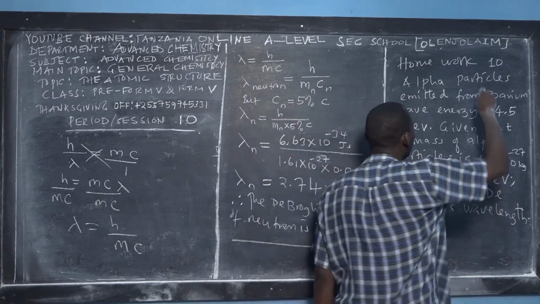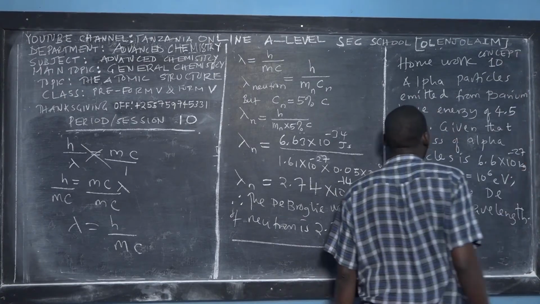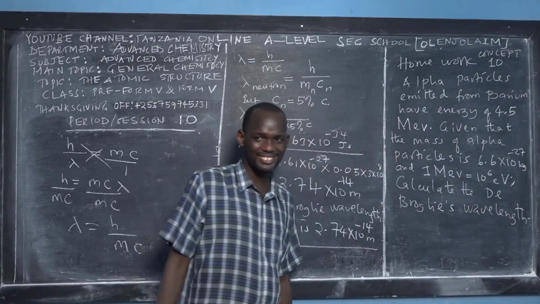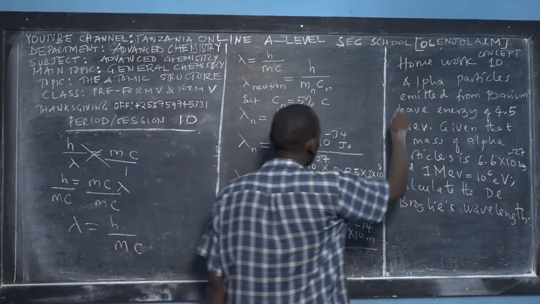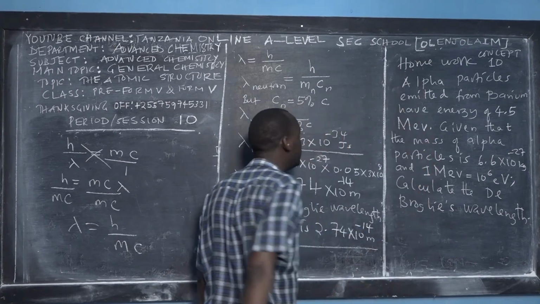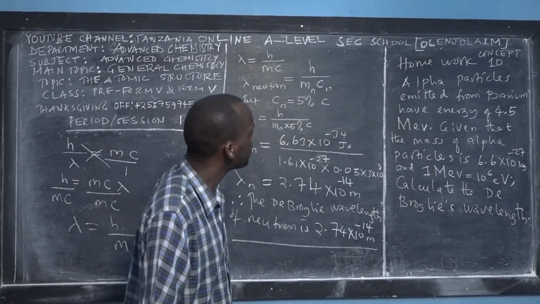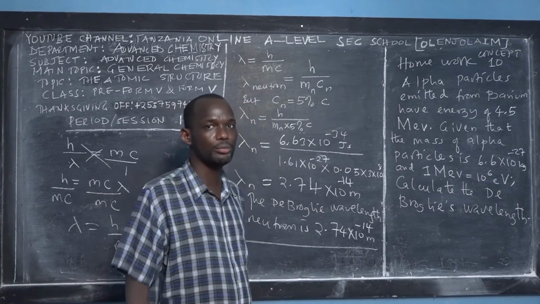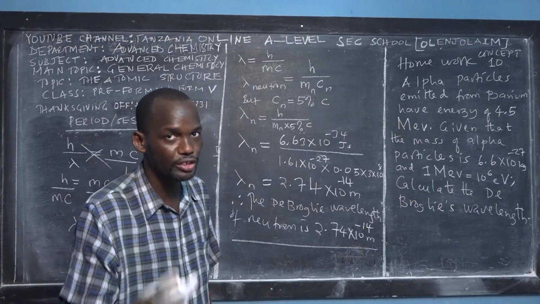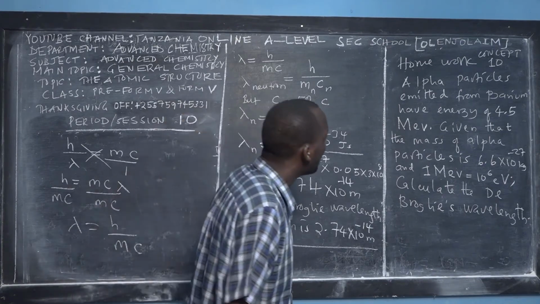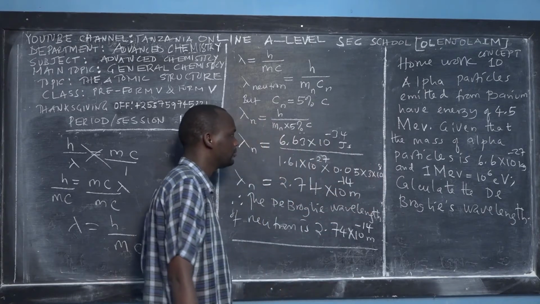Let me just see. Yes, it's just like giving you a note, like a concept. The question states: alpha particles emitted from the barium atom, which is not among the first 20 elements in the periodic table, have energy of 4.5 mega electron volt.